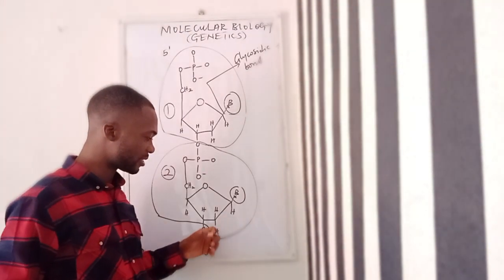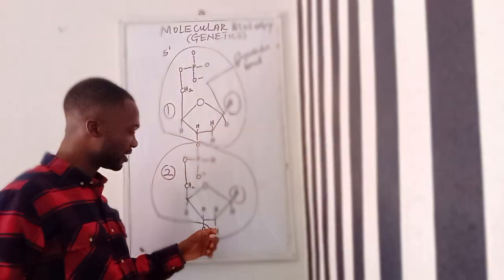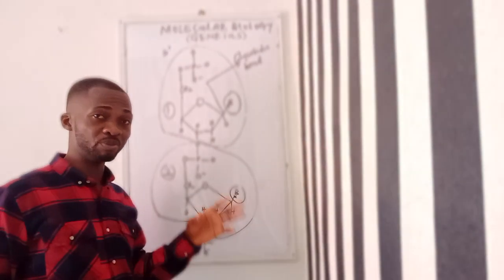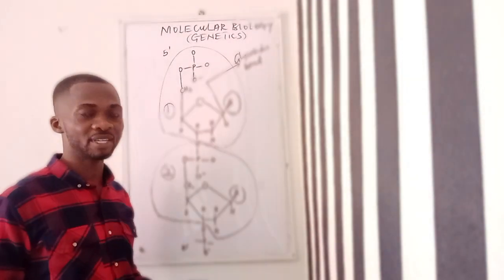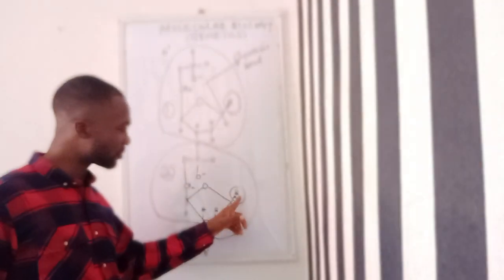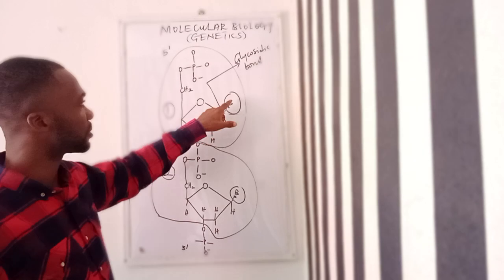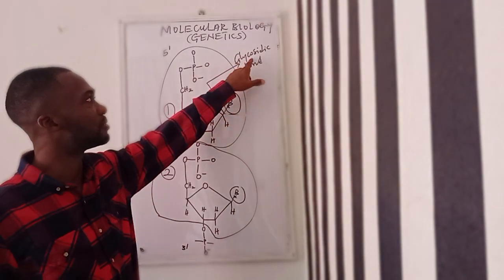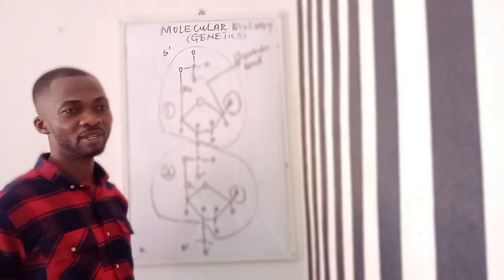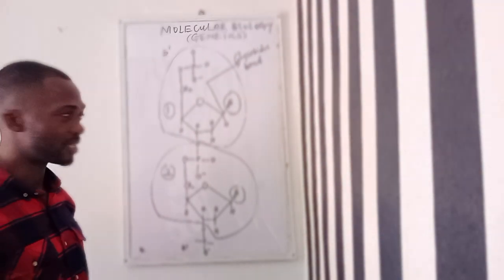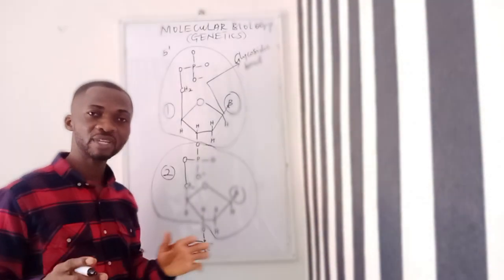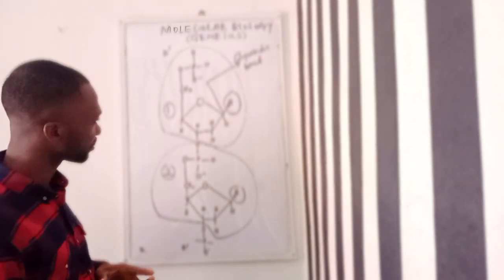For this particular one, because it's DNA, the O was removed, or is not found in the sugar of DNA. That one is understandable. But what of the OH on the base? The reason is because the OH was used in the formation of this glycosidic bond. If you're good at chemistry, you have a clearer understanding of what I mean.